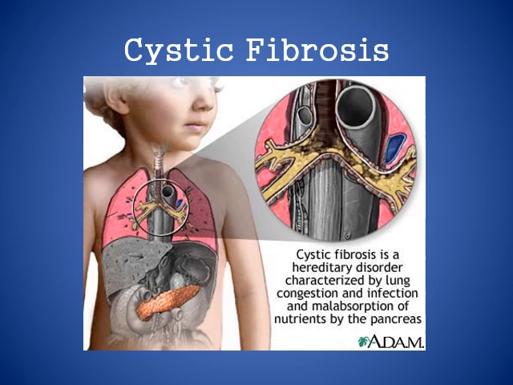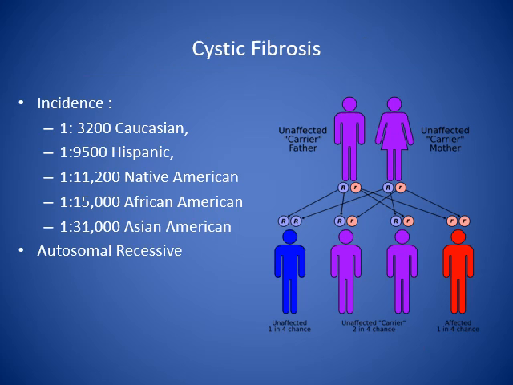So we're going to switch to cystic fibrosis. This is another exemplar for this content. Cystic fibrosis is a hereditary disorder. You're born with it. It's characterized by lung congestion, infection, and malabsorption of nutrients by the pancreas. It's an autosomal recessive gene, not X-linked, that causes cystic fibrosis.